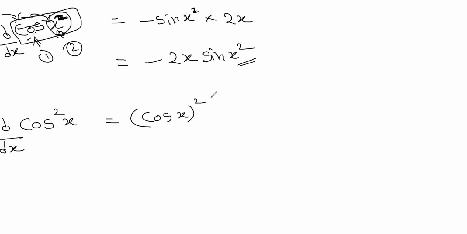Now, here also there are two functions. First is the power function, like x to the power n. It is also a function, right? So as I told you, always go from outside to inside. Outside is the power function. Inside we have the cos function.